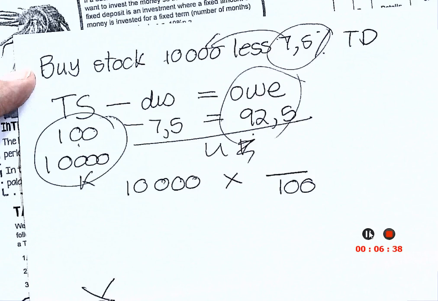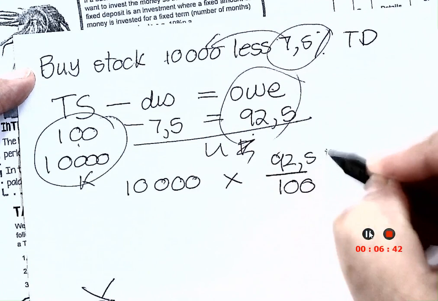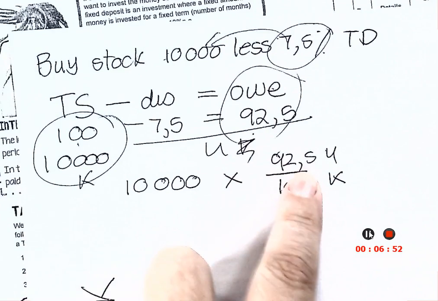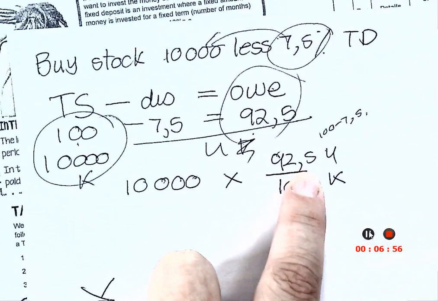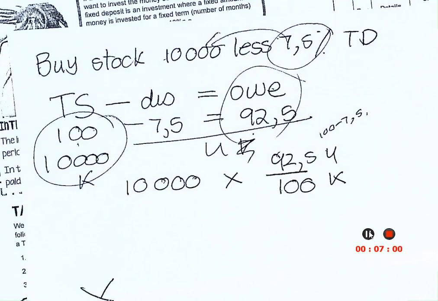What is it what I owe? It's 92.5. Can you see? We did it last year like that. I just didn't show you how to get to it. I showed you, you have to say 100 less 7.5%. Remember? So actually you've been using this method since very long.